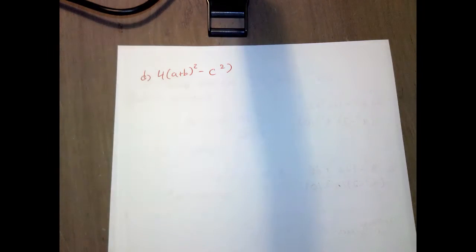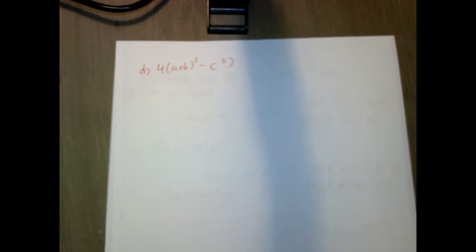So let's look at the example of 4 times a plus b squared minus c squared. So we're on example D. Just going to check to make sure we're still in focus.